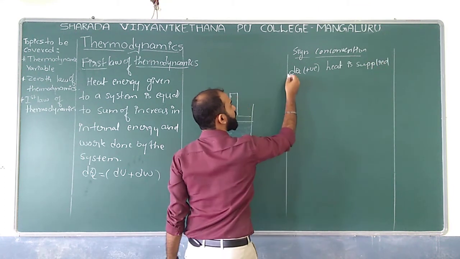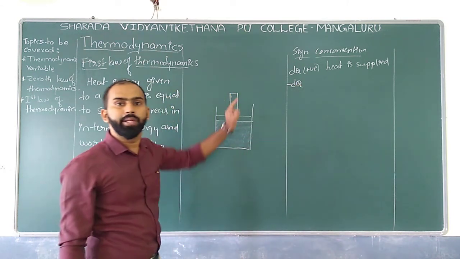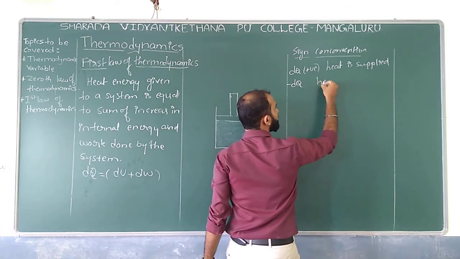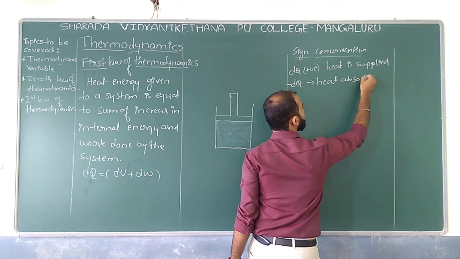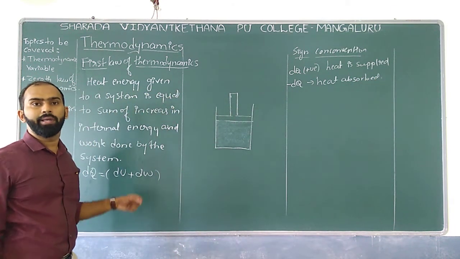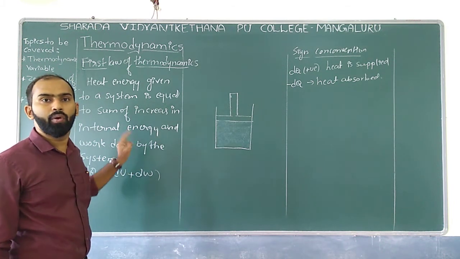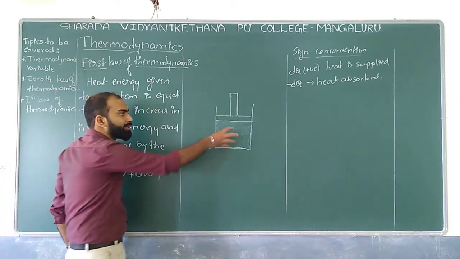When we have dQ as negative, the heat is absorbed by the surrounding, which means there is a loss in heat.